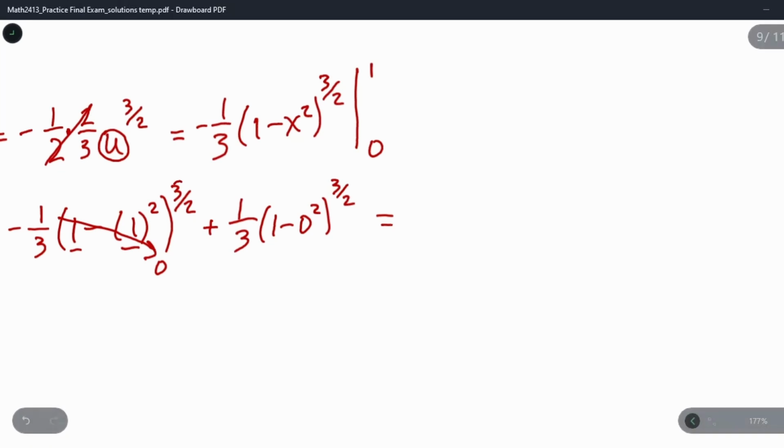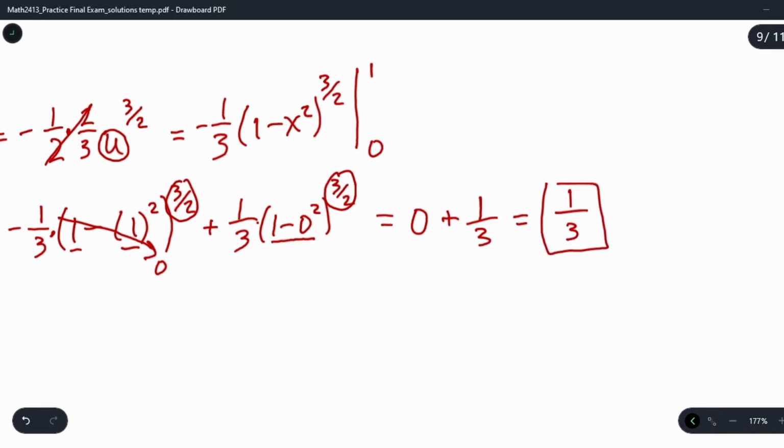And 0 to any power is still 0, and 0 times anything is 0. That's just 0. Plus 1 minus 0 is 1. 1 to any power is 1, and then 1 times 1/3 is 1/3, giving us a final answer of 1/3.